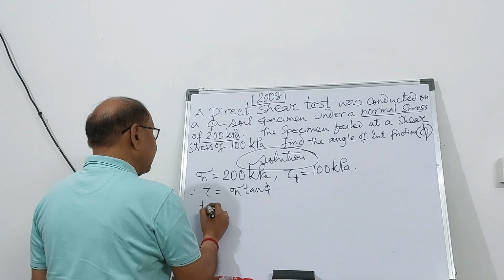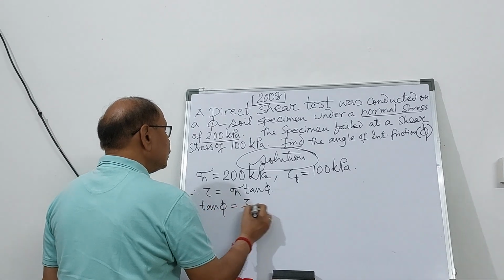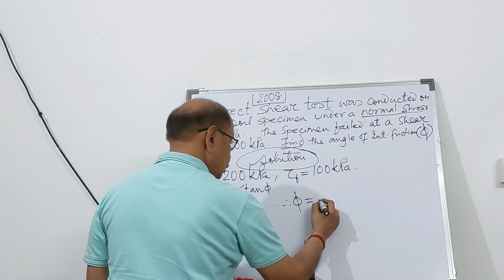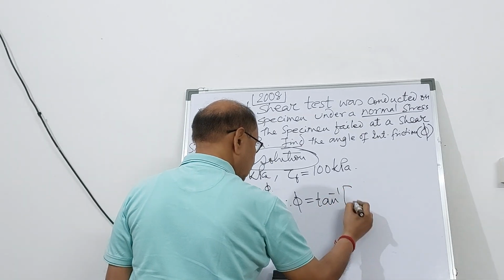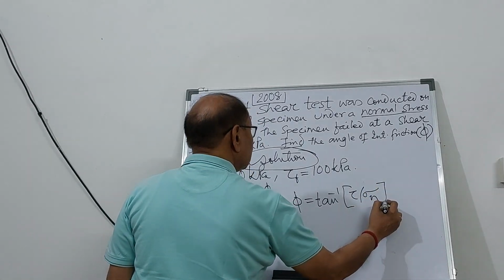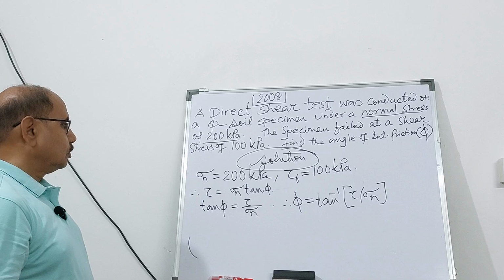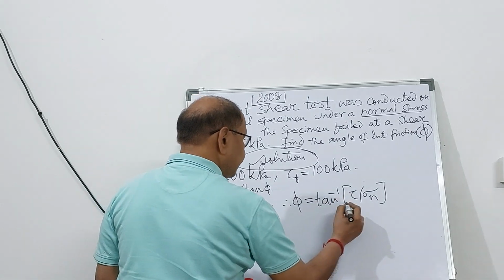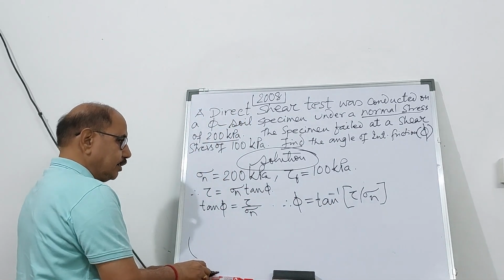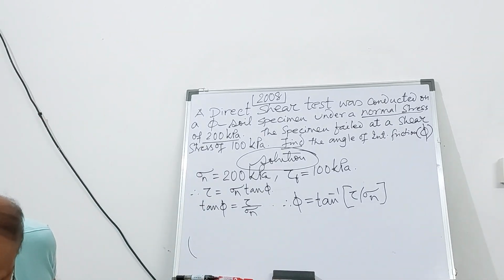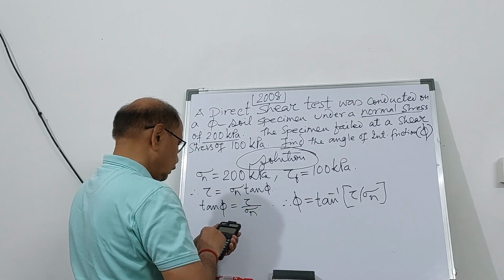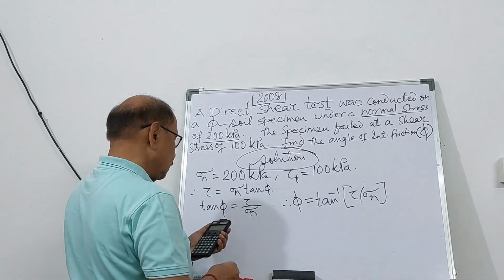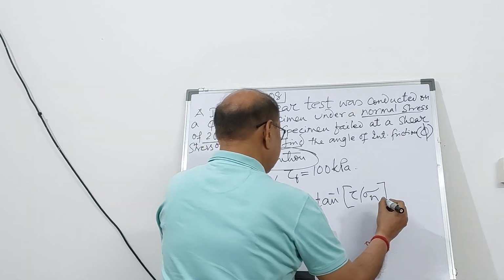So tan phi equal to, so that is 0.5. So calculate tan inverse 0.5, which is 26.56 degree.